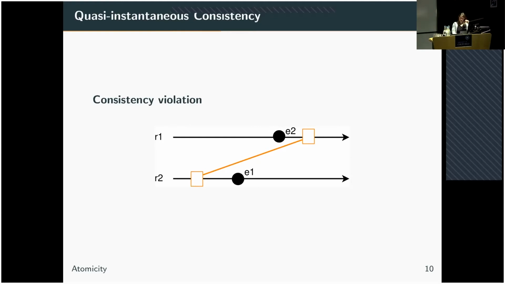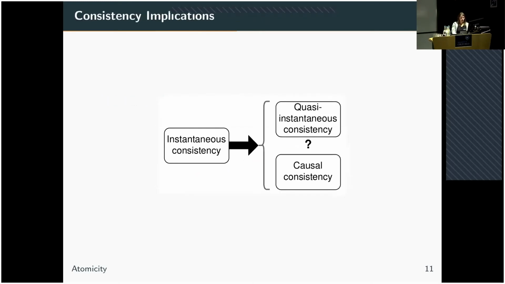So these are our consistency definitions, and they are also connected to each other. One unsurprising thing is that instantaneous consistency implies both quasi-instantaneous consistency as well as causal consistency. This is because if we freeze the system and take the memory snapshot, copy every region at the same time, then we know that the point in time at which an instantaneous snapshot would have produced the same result is exactly that point in time.